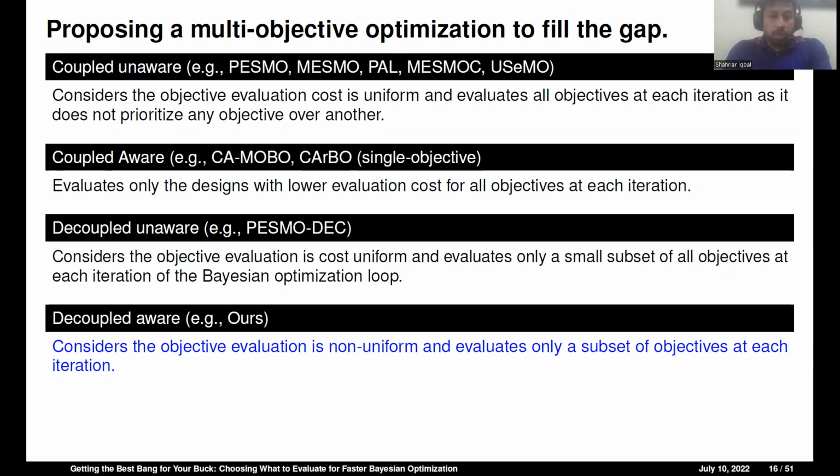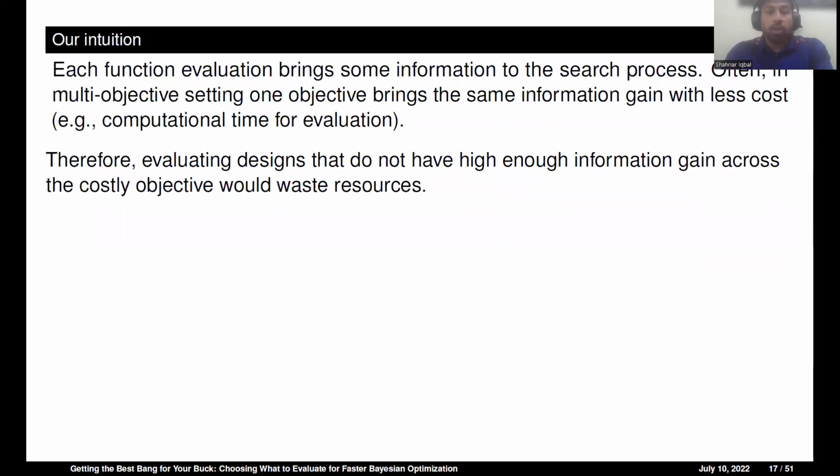So in our approach, we consider the objective evaluation cost to be non-uniform, and we evaluate only a small subset of objectives at each iteration. Our intuition was that each function evaluation brings some information to the search process. So there is some objective for which the same information gain can be achieved with lesser cost.